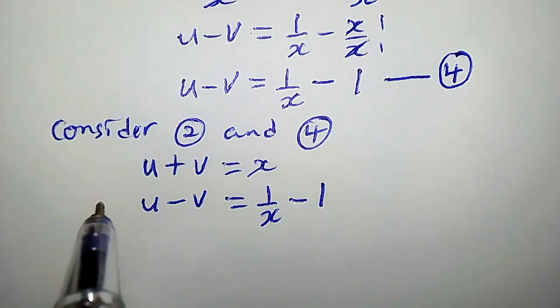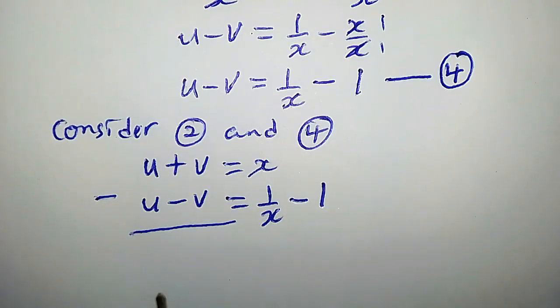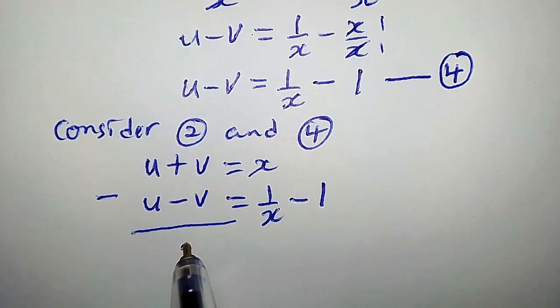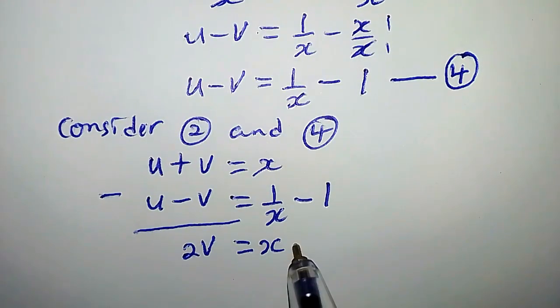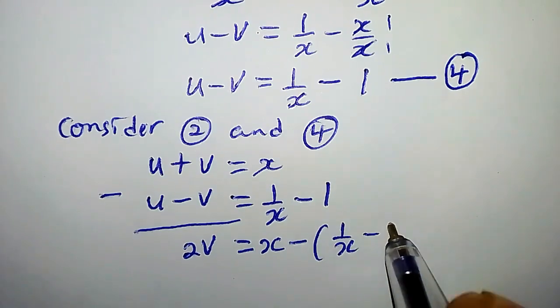Let's subtract these two equations. U minus u, that is 0. V minus minus v, that is 2v. This equals x minus all of this, 1 over x minus 1.